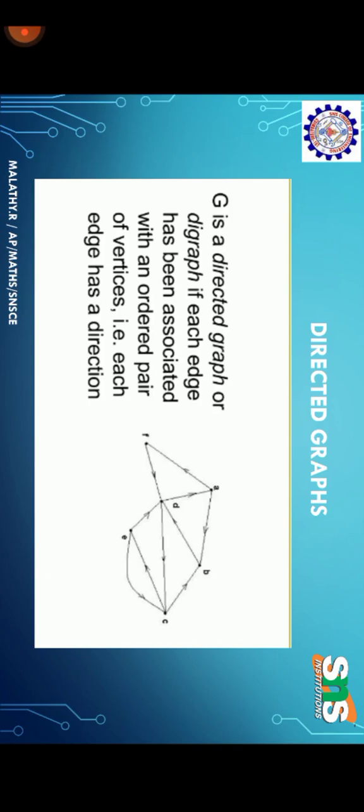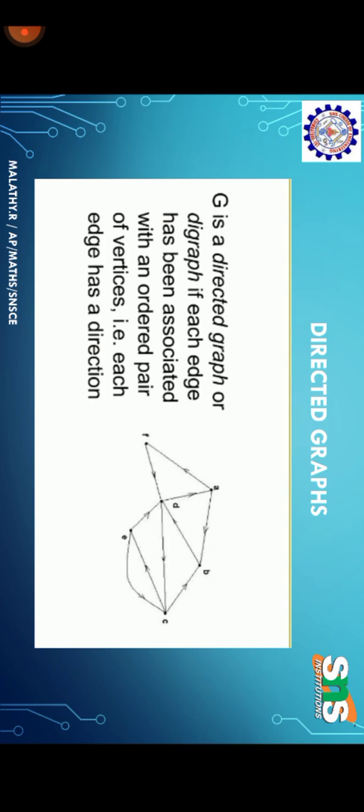Next is directed graph. In a simple or undirected graph, no directions are mentioned. That means the edge can be incident from vertex A or vertex B. A directed graph should contain a direction from where it is incident.